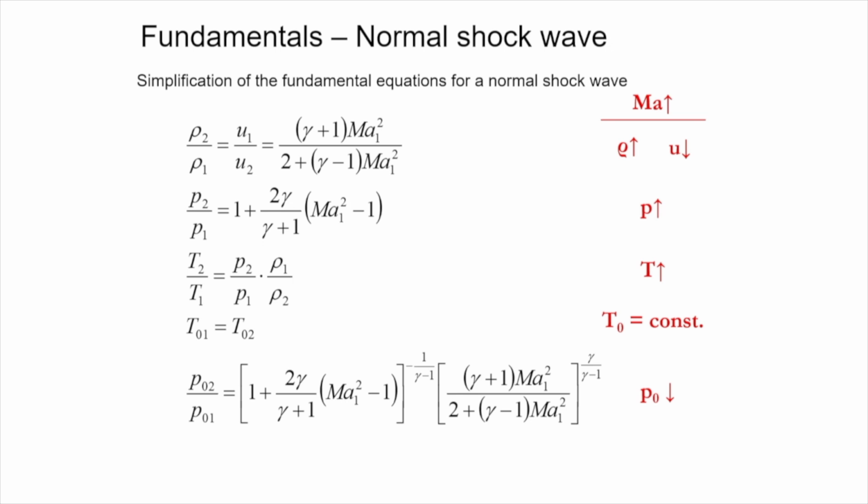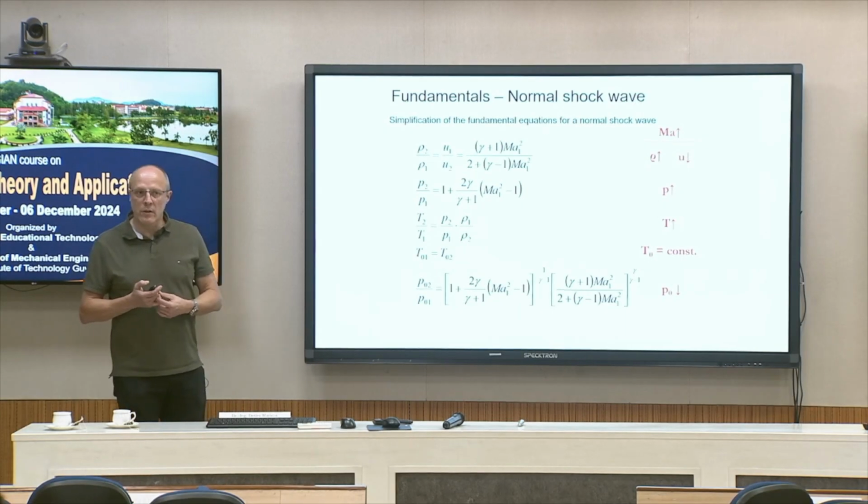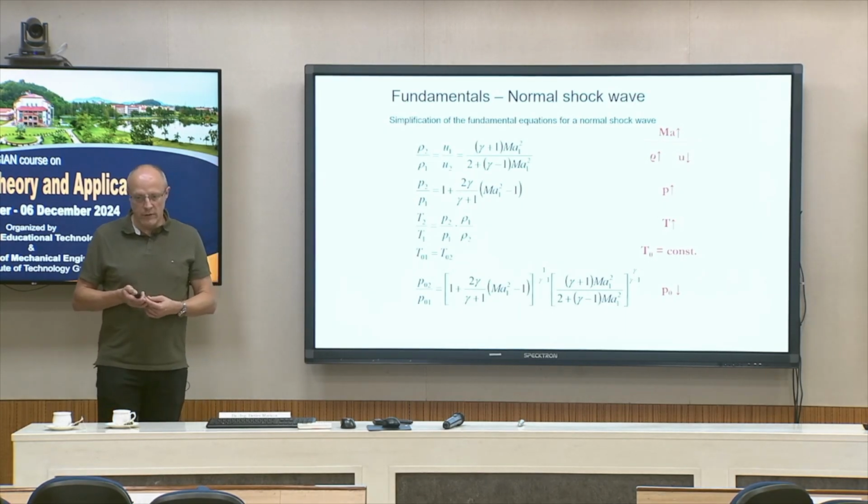So you can see that the ratios we are interested in depend mainly on the composition of the driver gas and on the initial temperature, pressure, and therefore also initial density.